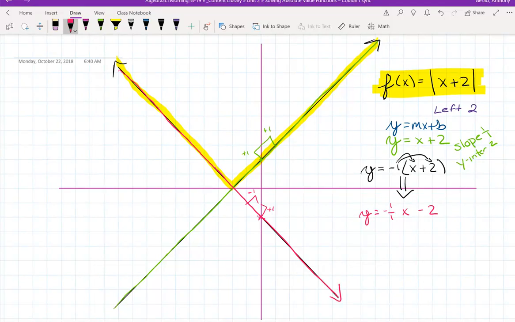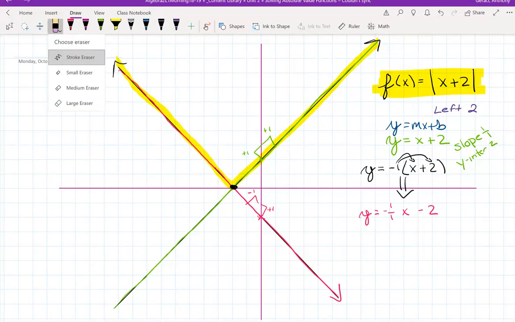And there's that line. But we know in absolute value equations that we cannot have anything below this vertex, because that would mean that the output would be negative, and we know that that is not possible.